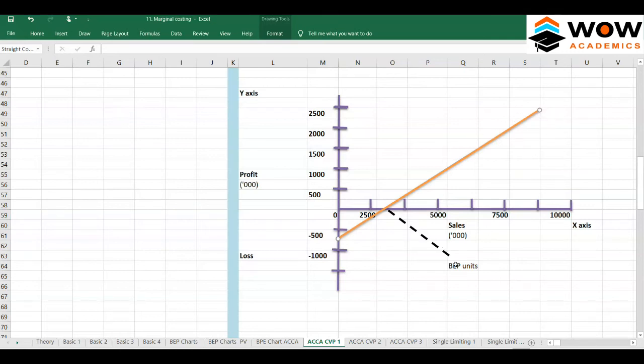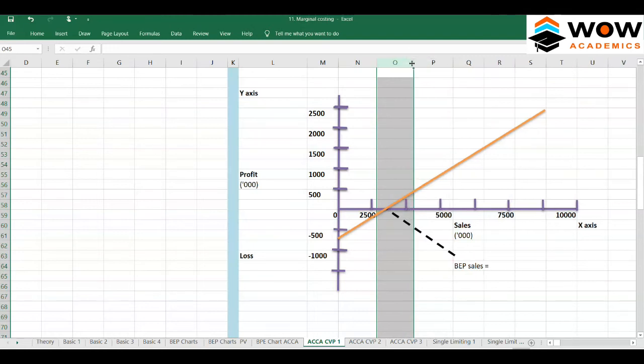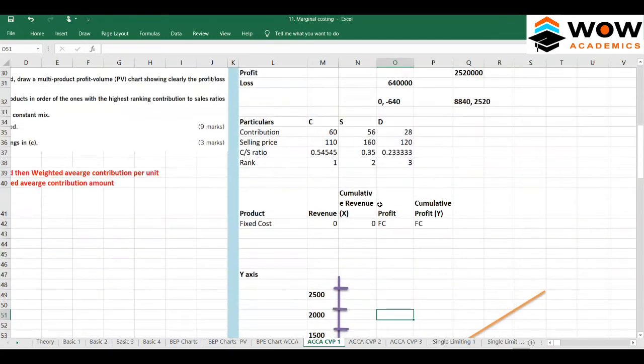But this is the BEP sales. The BEP sales point would be more than 2,500. Okay, we have to check whether that is right.